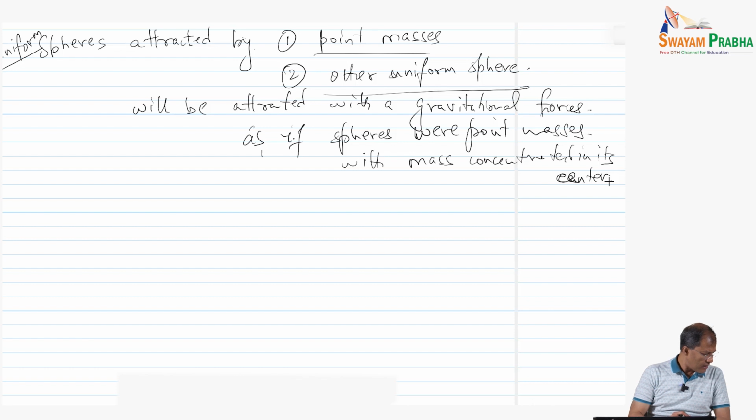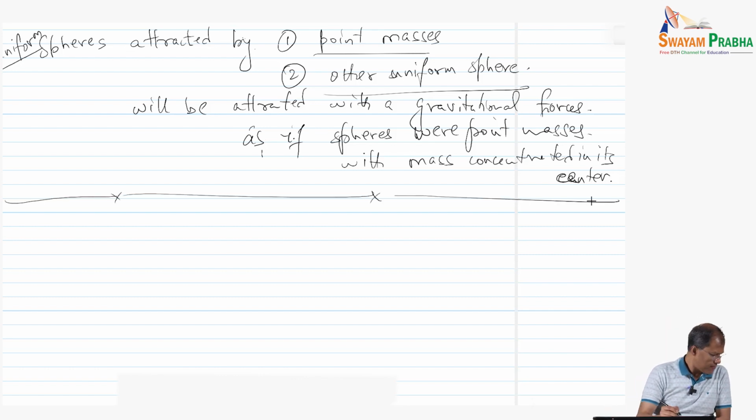Okay, so let me now wrap up this particular discussion by introducing the so-called principle of equivalence, and from there I am going to talk about the so-called acceleration due to gravity, right? So what is my principle of equivalence?